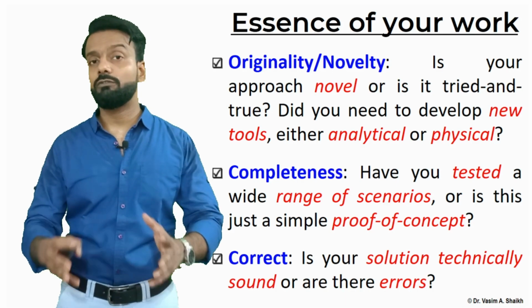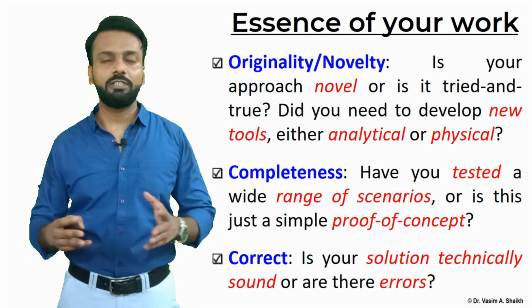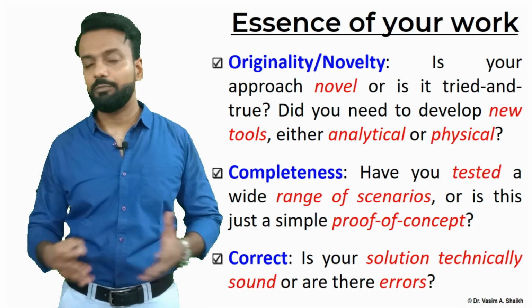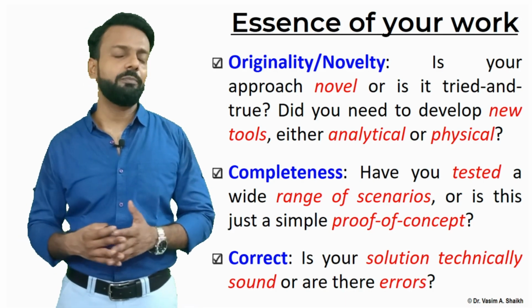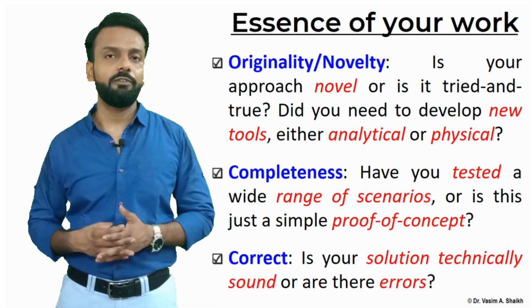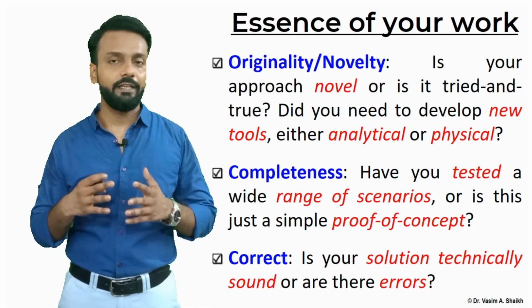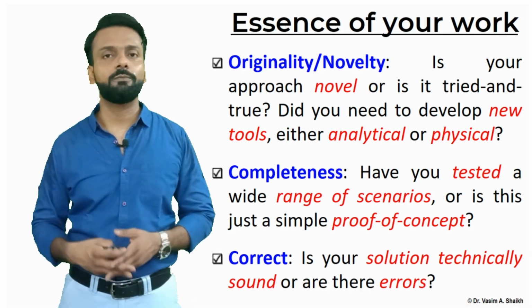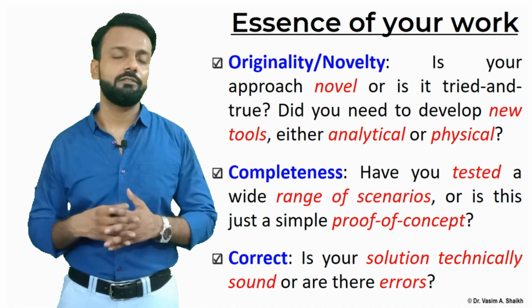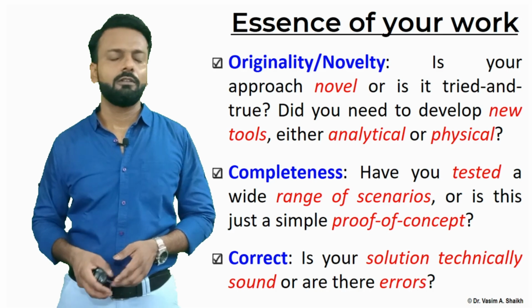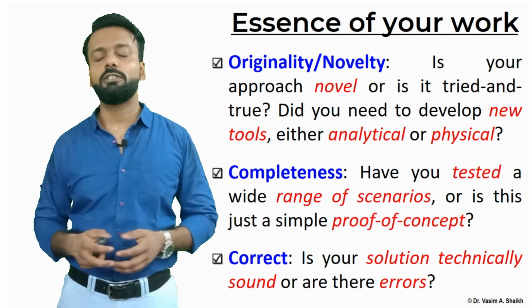Then you need to see whether your work is complete or not, because sometimes we might think the work is complete but it is incomplete. If you try to publish or write a paper based on that, it will be very difficult for your work to get published. So have you tested all the aspects and all the scenarios and seen whether your work is complete? Also correctness, whether your work is correct.